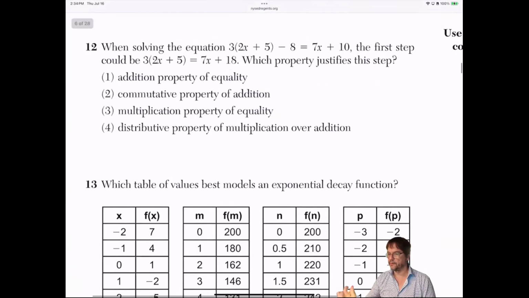Okay. Try to do this number 12. Okay, let's see the 12.